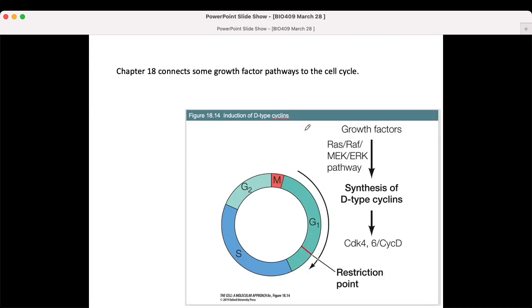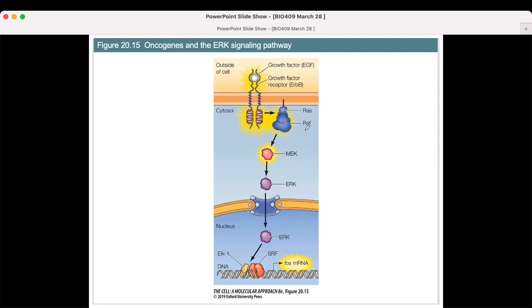And this is just those figures that I showed last time, where the book shows that RAF pathway, and we just have to get that cyclin D made, to turn the light green. And then we had all these examples last time that got me yelling.